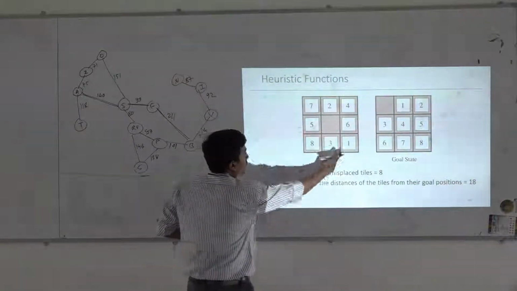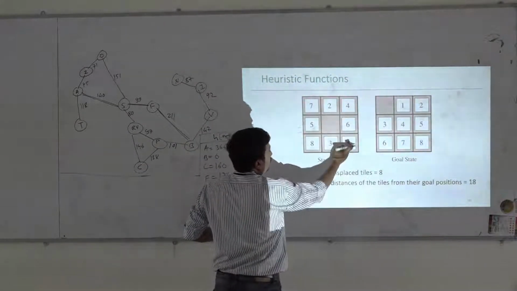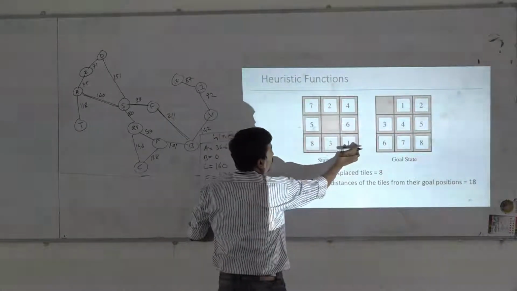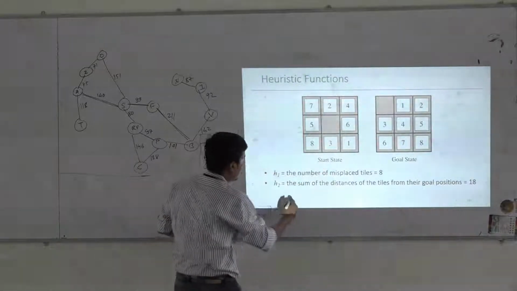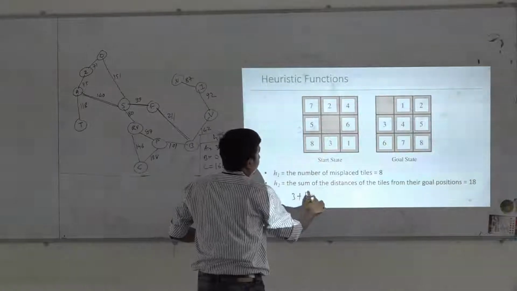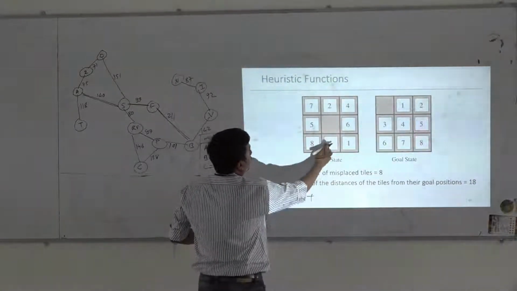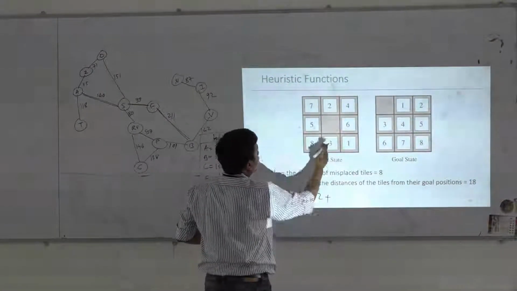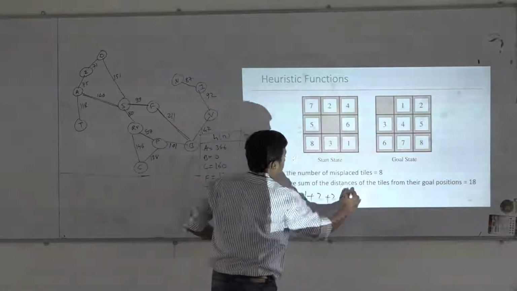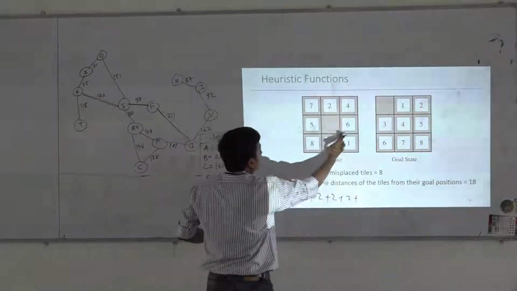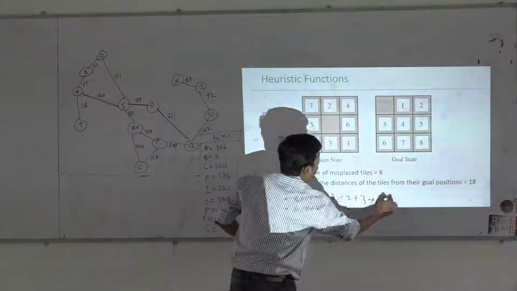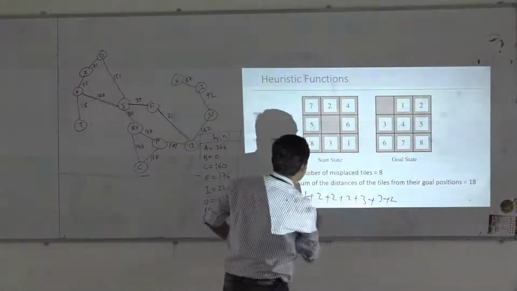Why? 1 should be here. For getting 1 to this place, we have to move 1, 2, 3 times. So 1 has to move 3 times, then 2 has to move 1 time, then 3 has to move 2 times, plus 4 next, 2 times, then 5 2 times, then 6 3, 7 3, plus 8 2.